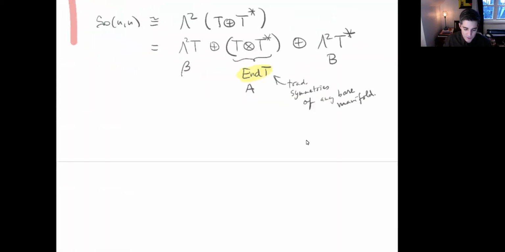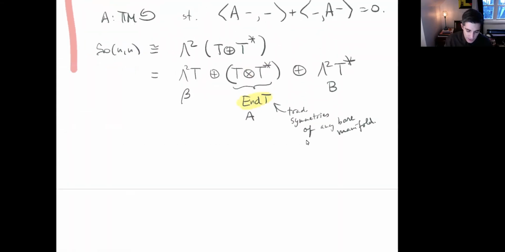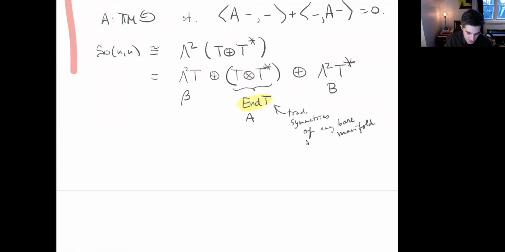So, if we want to see how these are acting as symmetries, let's take beta, for example. If we take t plus t star, we're going to have an endomorphism of t plus t star. So you can write it as a block matrix. It's going to go from t plus t star to itself.